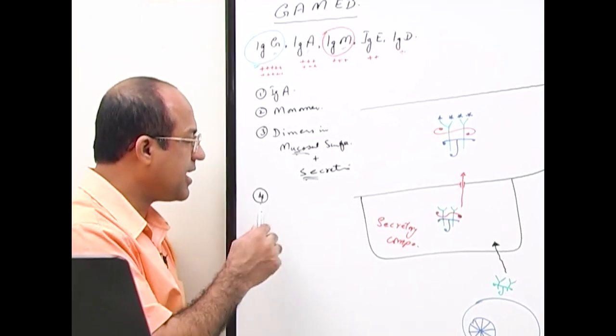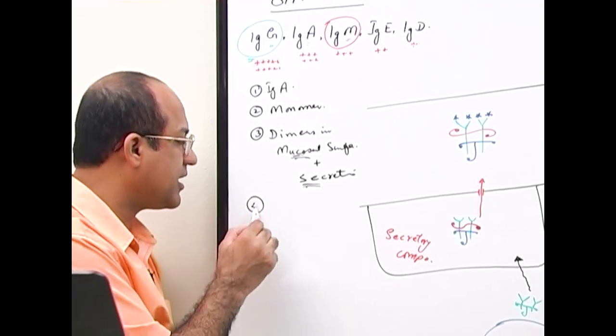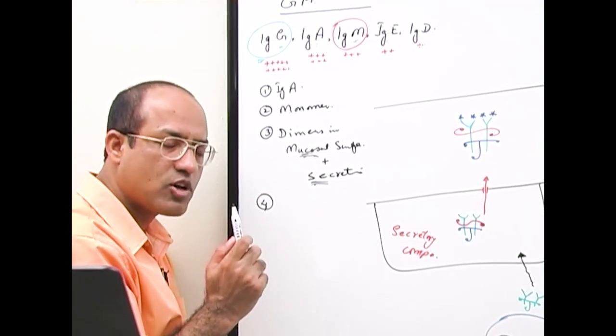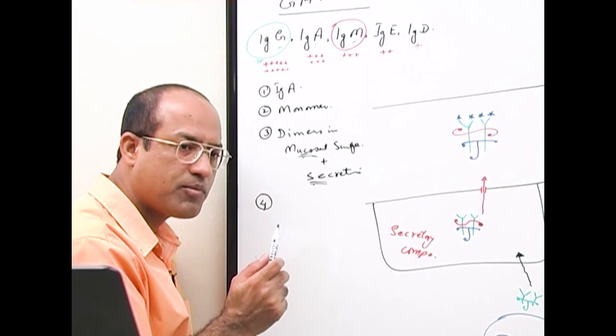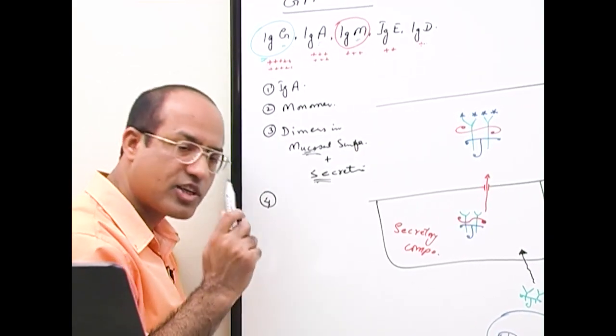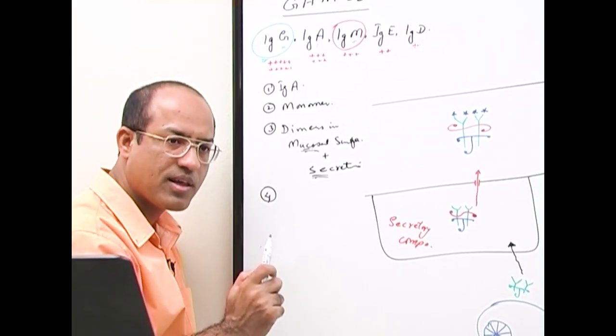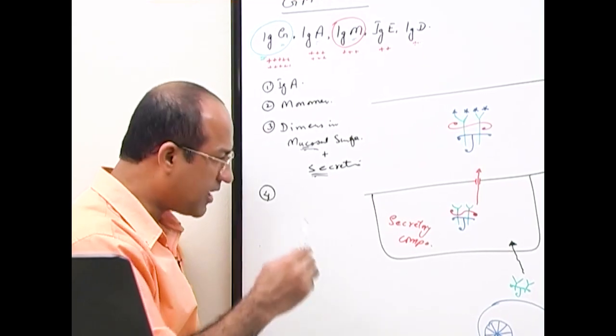And another important thing about IgA is that it does not activate the complement by the classical pathway, but it can activate the complement by the alternative pathway.